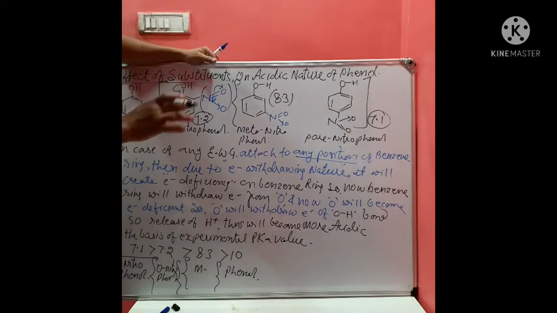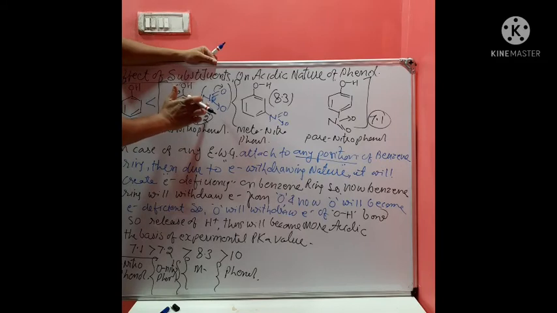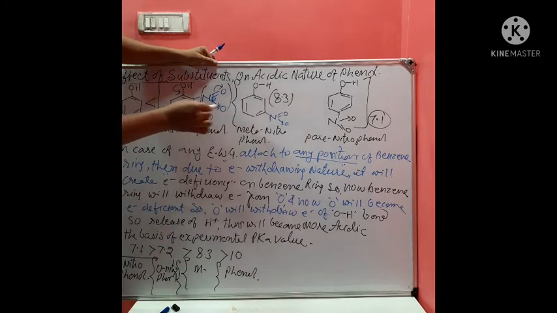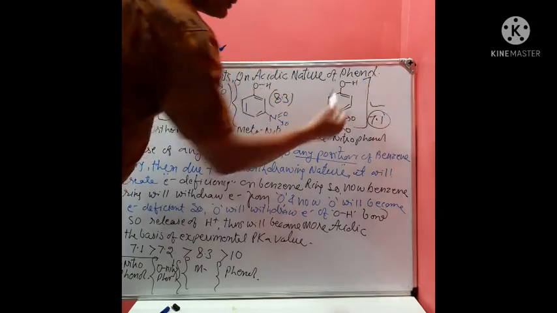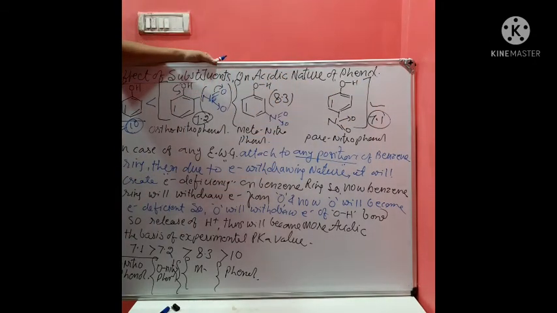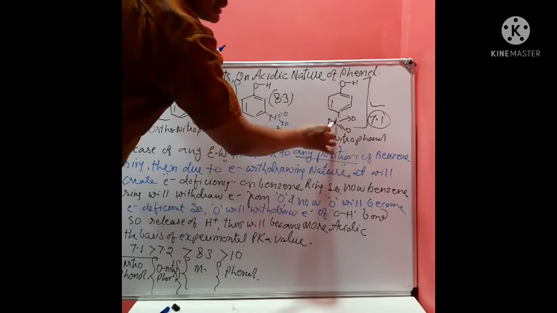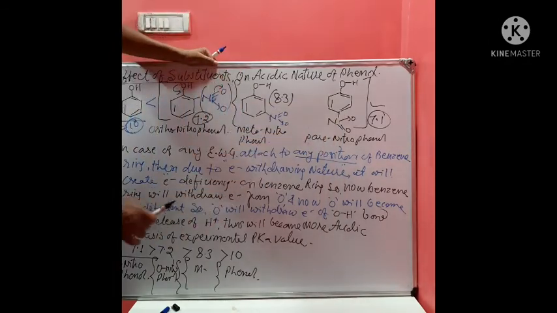Now the question is that, as there is a concept, if an electron withdrawing group is attached at the ortho position, then it should be most acidic. But the pKa value suggests the orthonitrophenol is less acidic as compared to paranitrophenol. Now why? This is because in paranitrophenol the charge dispersion is high.